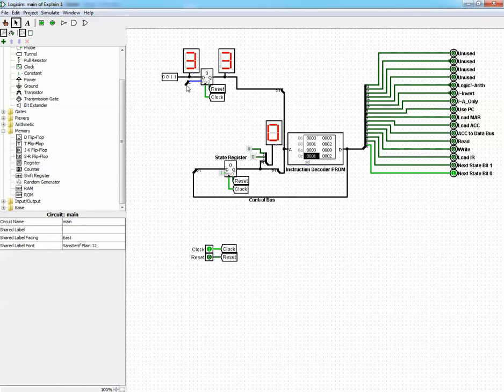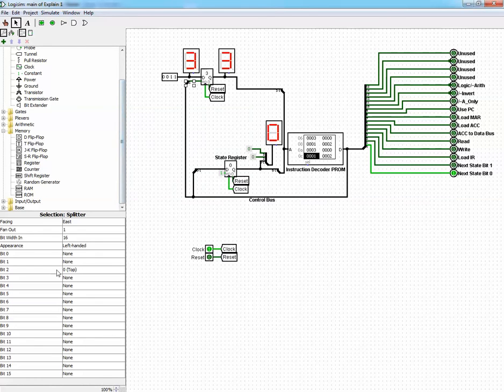But what we are going to do is connect it to this control bus. Remember that this is an enable, only a single bit that controls this register. We have mentioned that it corresponds to bit number 2 out of the 16.